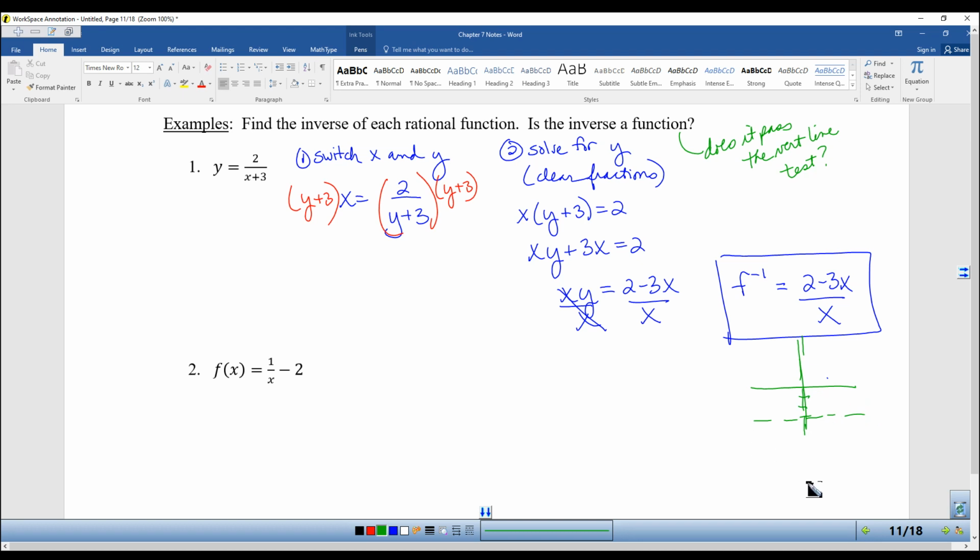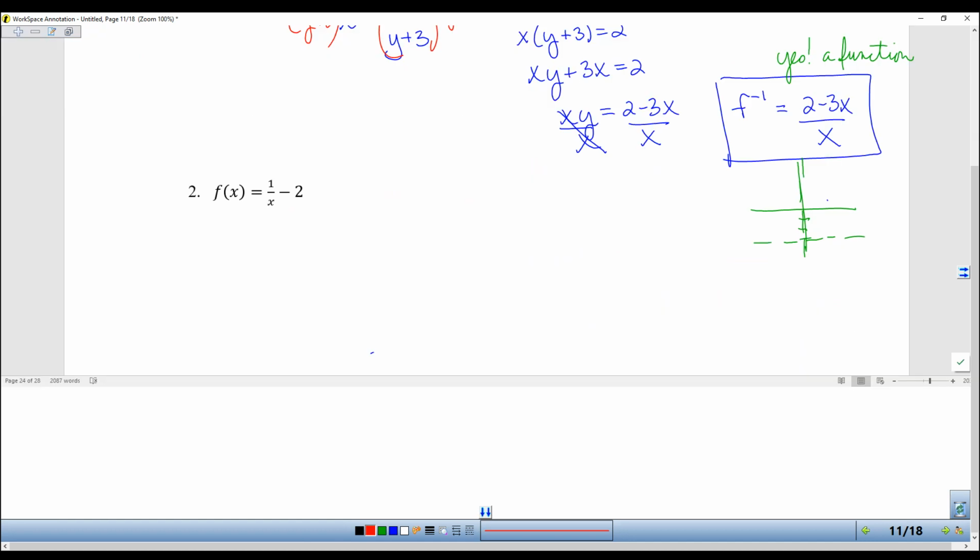And it's going to have branches somewhere, but those branches will not overlap. So yes, it is a function. This is definitely the inverse either way. The question is just, is the inverse a function? All right, that's it. You might want to try the next two on your own and see if you can get it. So this is y.